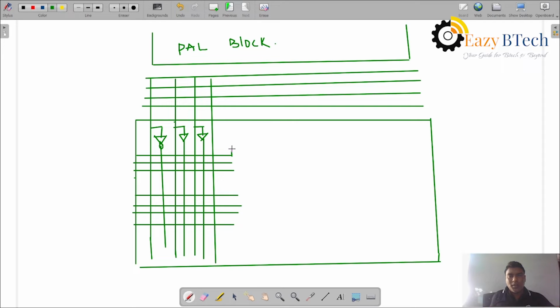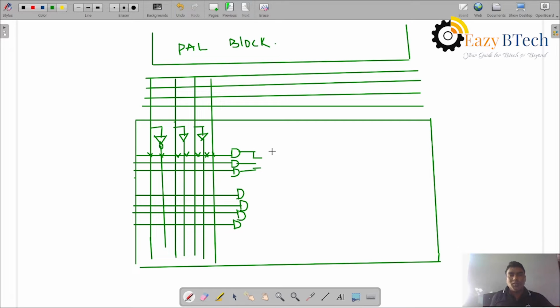This is one AND gate, and the AND gate connections are connected over here. Here also AND gates are taken. Programmably it is designed: programmable connections.